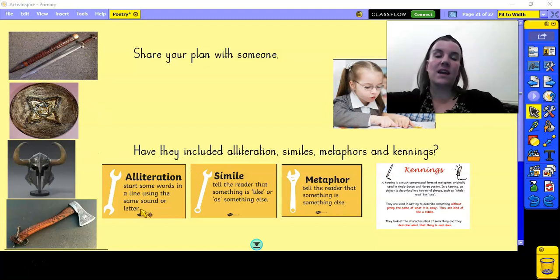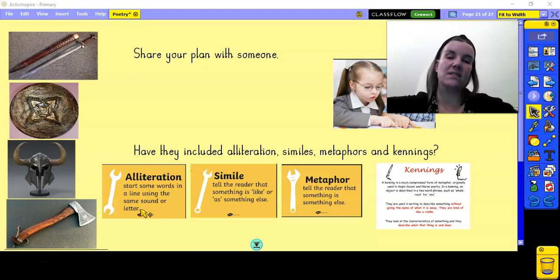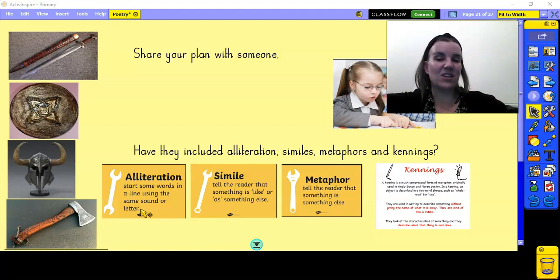I want you to share your ideas, and the person that's reading your plan with you, could they help you come up with some more powerful metaphors? Could they help you come up with a different example of a simile, or perhaps some more powerful alliteration? Once you've shared it with somebody, I want you to go back to your plan and see what more you can add.